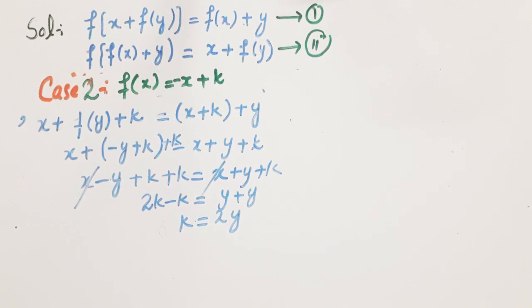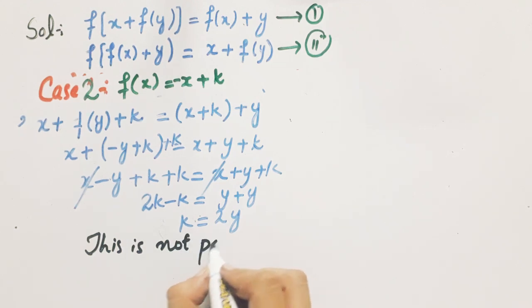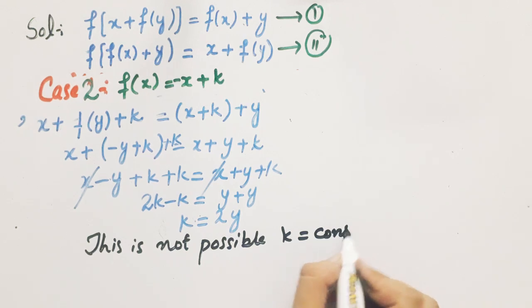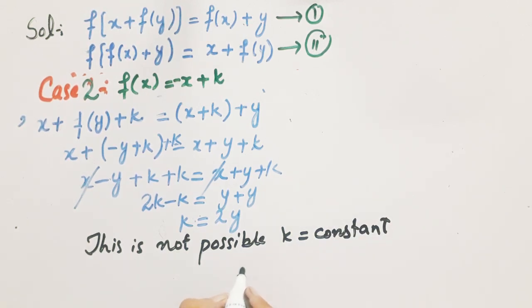Now this must hold for all y, which is impossible unless k is not a constant. So this is a contradiction to our assumption. So we will say that this is not possible, since k should be equal to some constant.